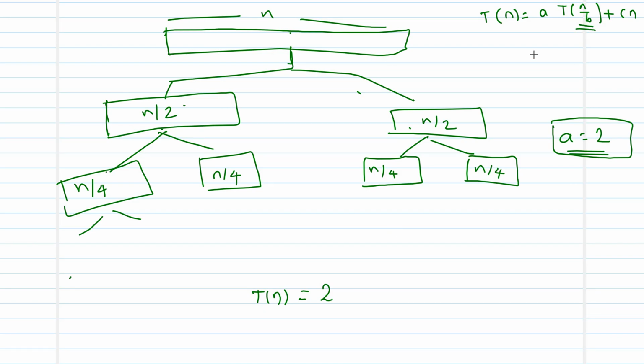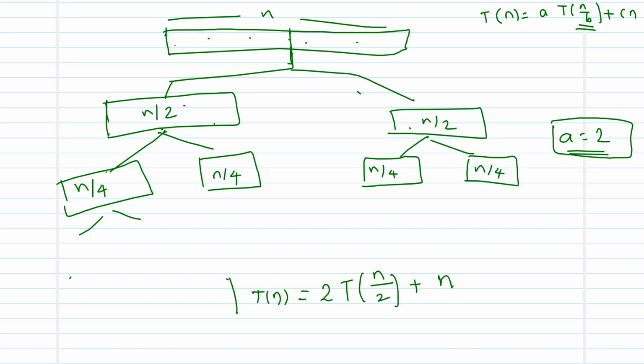How much is the size of a subproblem? If your size is n, it is n by 2; if the size is n by 2, it is n by 4. So we are dividing by 2, and the size is n upon 2. Now, how much time do I need to divide an array of size n into two arrays of size n by 2? I have to traverse each and every element and only then divide it, so the time required is proportional to the array size n.